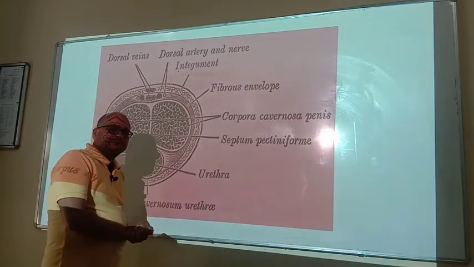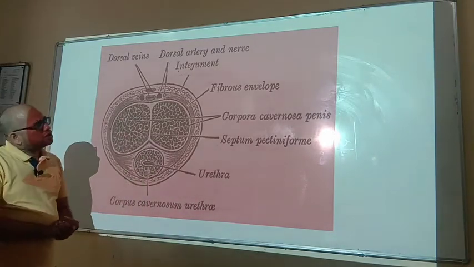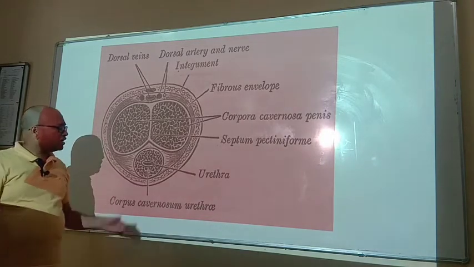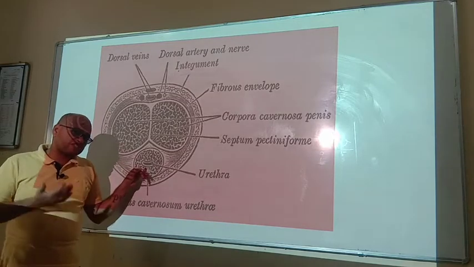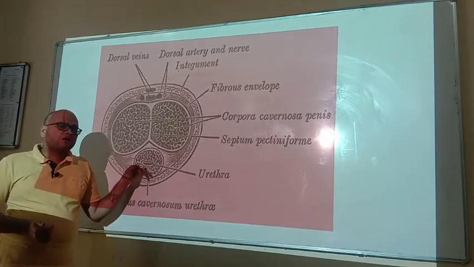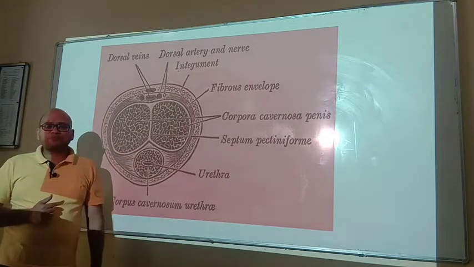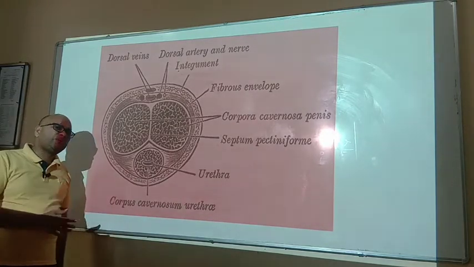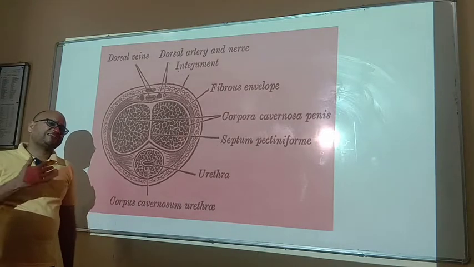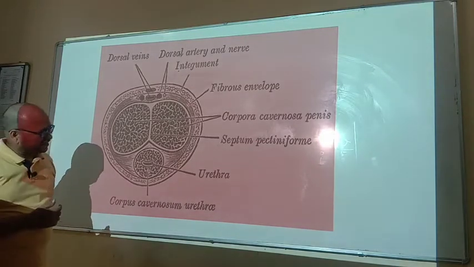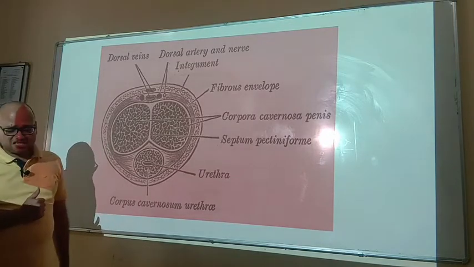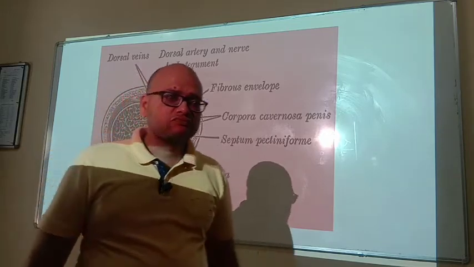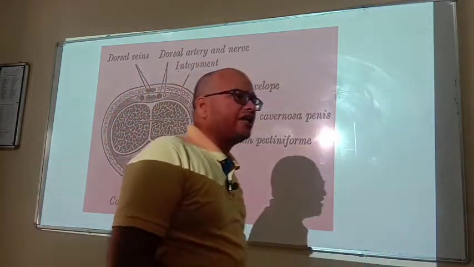At the top of the penis, where the urethral or urinogenital orifice is found, is the glans penis. The glans penis is surrounded by a foldable skin, called the foreskin.